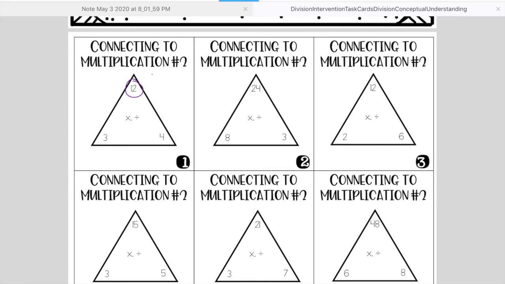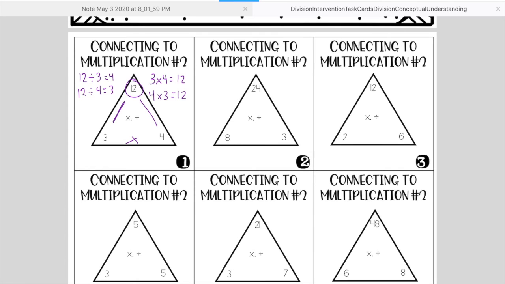I'm going to do over here 3 times 4 equals 12. And then I can flip those. 4 times 3 is equal to 12. And then 12 divided by 3, if I go this way, must be equal to 4. Or if I go this way, 12 divided by 4 is equal to 3.